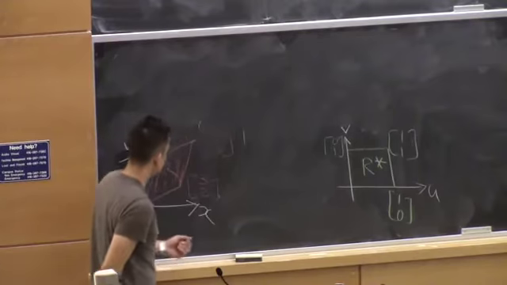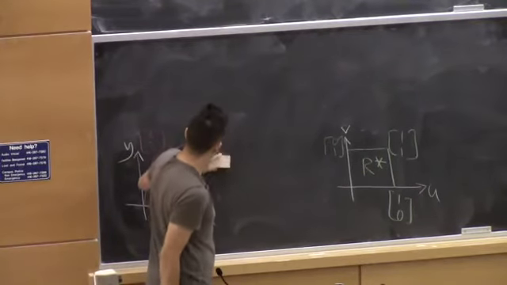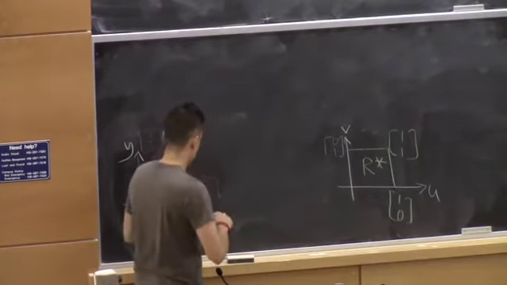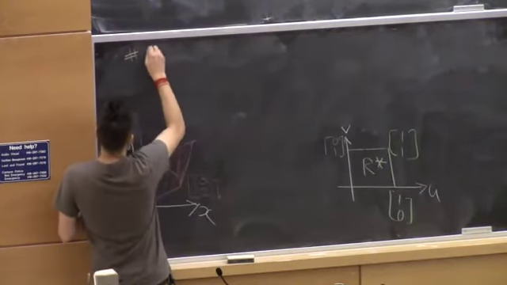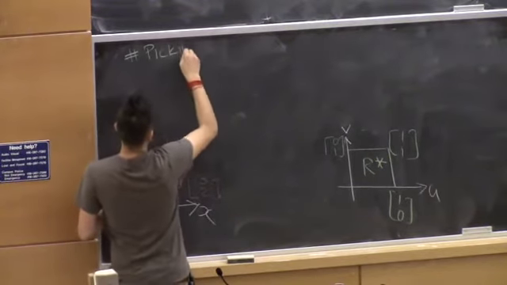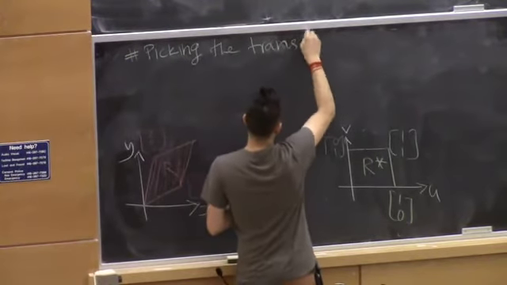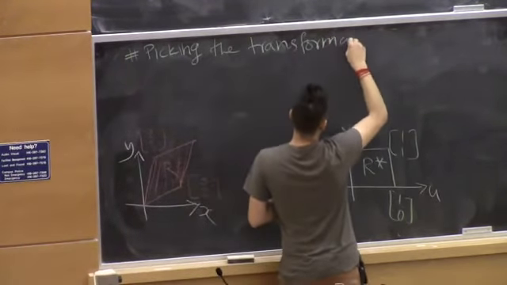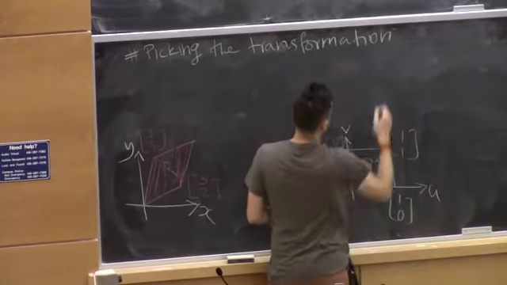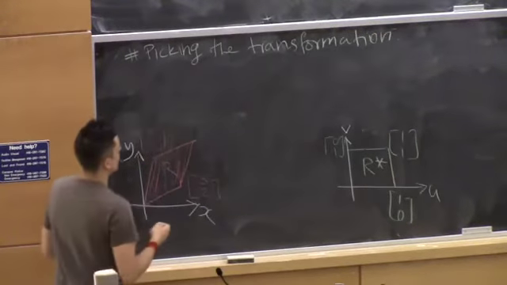Okay, so in terms of picking the matrix, how do we get this matrix? Right?